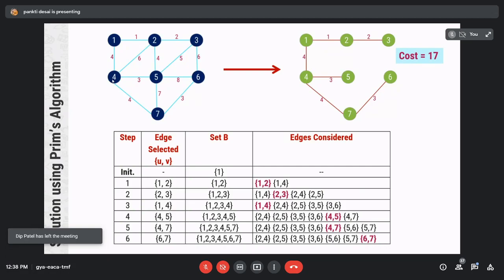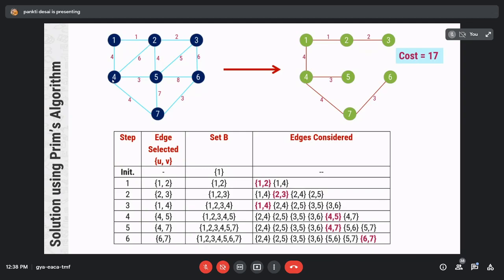But we have to select the edges which have the minimum weight in the given graph, and for both algorithms we have to select in such a way that it will not create a cycle. If it creates a cycle, then this is not a spanning tree because a spanning tree does not contain any cycle. So this is about the minimum spanning tree using Prim's algorithm and Kruskal's algorithm.